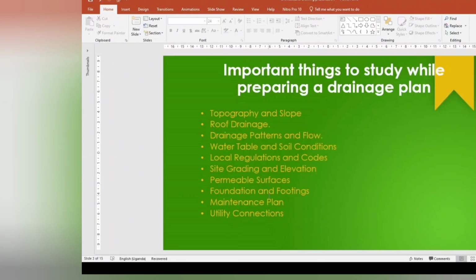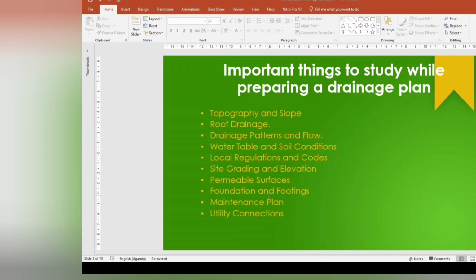So here we have the important things to study while preparing a drainage plan. 1 is topography and slope, roof drainage, drainage patterns and flow, water table and soil conditions, the local regulation and codes, site grading and elevation, permeable surfaces, foundation and footings, maintenance plan, then utility connections.